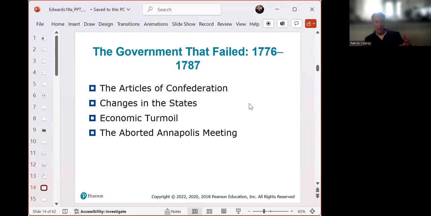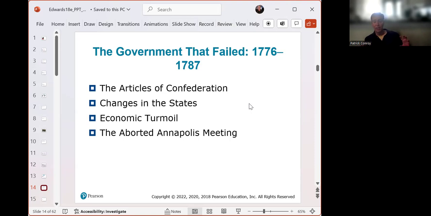There was a lot of economic turmoil. They tried to get together to amend that Constitution in Annapolis, and it just failed because not enough states were represented. One of the big downfalls of the Articles of Confederation was that it required unanimous approval for any amendments.